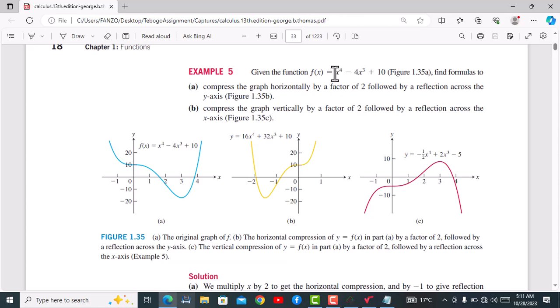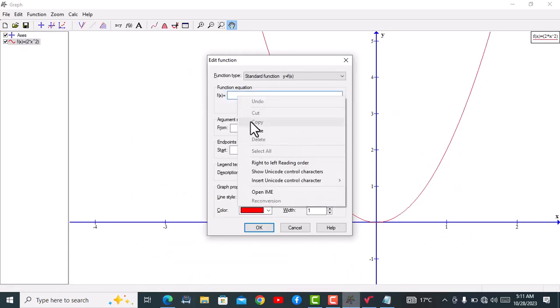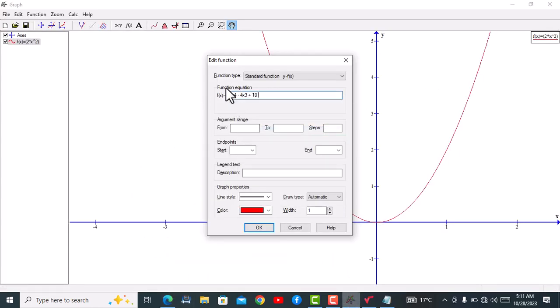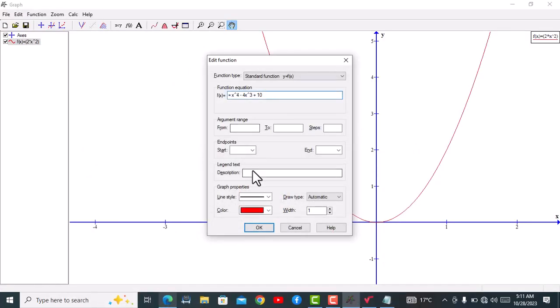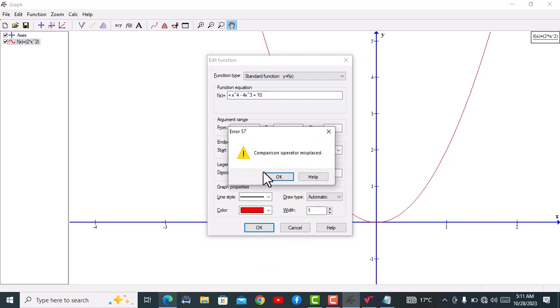And I'm not very sure if this software will be able to draw that for us. I know it will be incapable, but let me just try to see. Okay, let me come here and say x to the exponent of 4, minus x to the exponent of 3, if that is correct. Right, this is what we have. Let me just try to draw the function there.